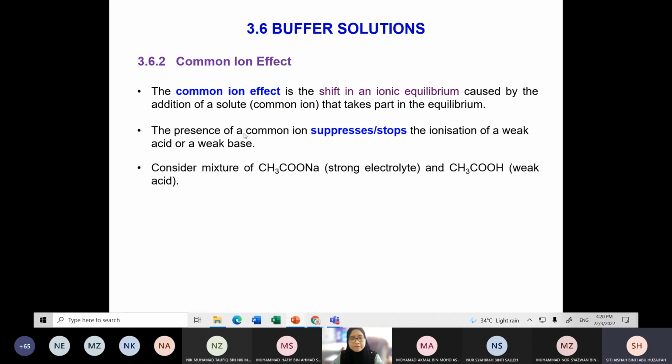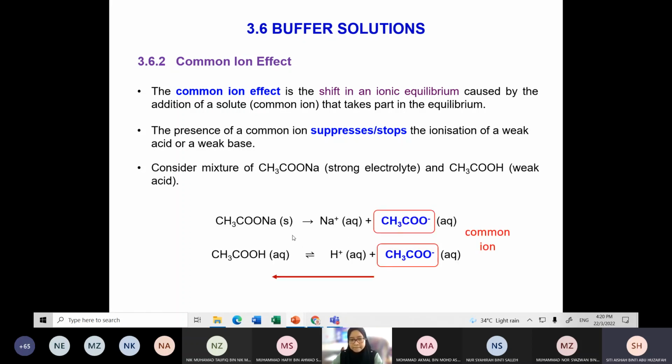Consider a mixture of this salt and this weak acid. So this is a buffer system. We have a salt and the weak acid. The reason it is called common ion is because it is the same ion.